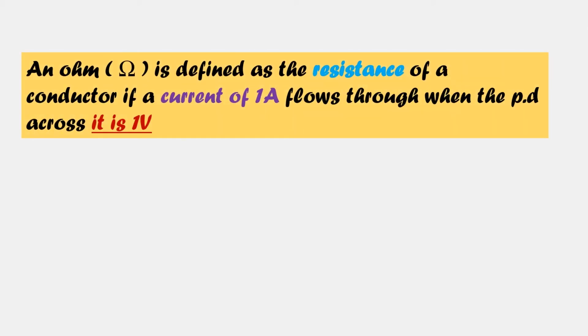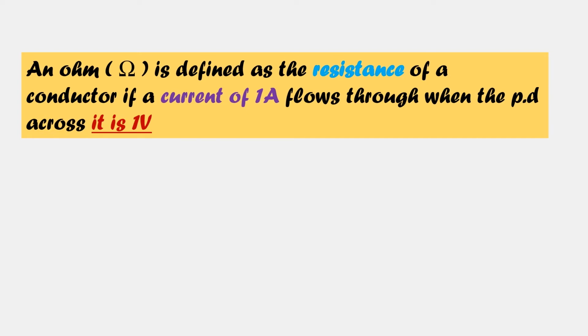So we've said that resistance is measured in ohms, and this takes us to the definition of an ohm. Since an ohm is the SI unit of resistance, we define it as the resistance of a conductor if a current of 1 ampere flows through the ends of the conductor when the PD across it is 1 volt.